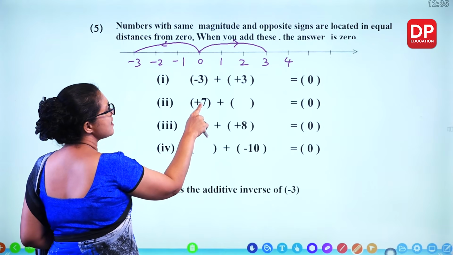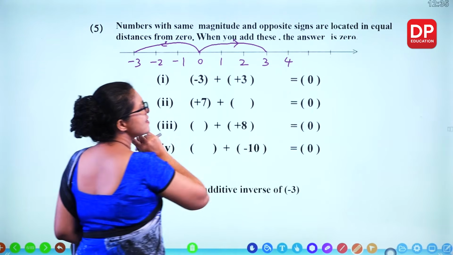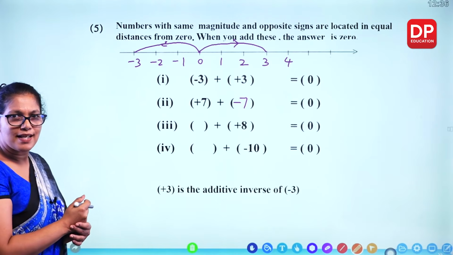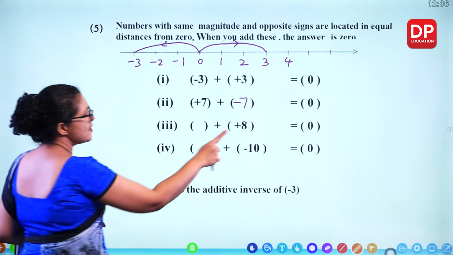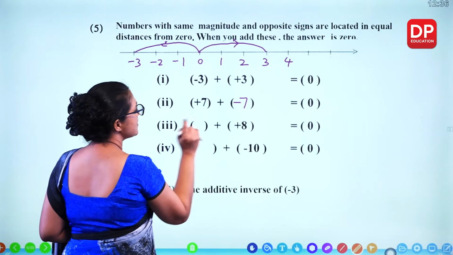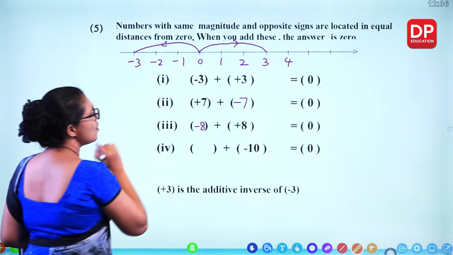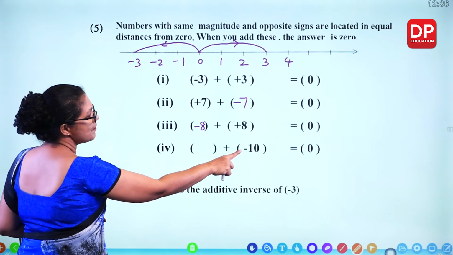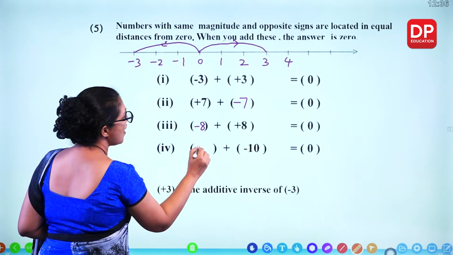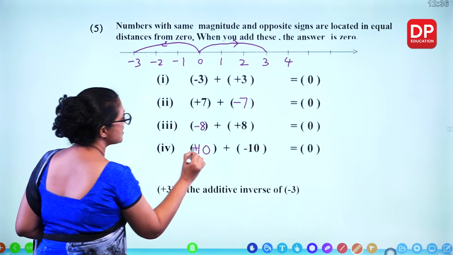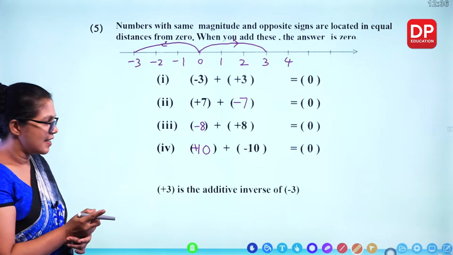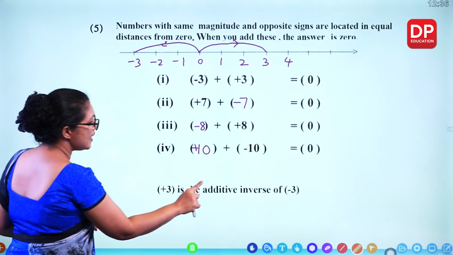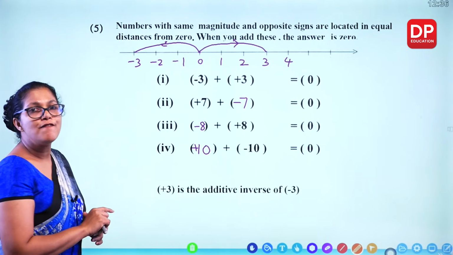If this is +7, to get 0, you need to add -7. If +8 is there, that means you have to add -8. And if -10 is there, you have to add +10 to get 0. So we call it the additive inverse.